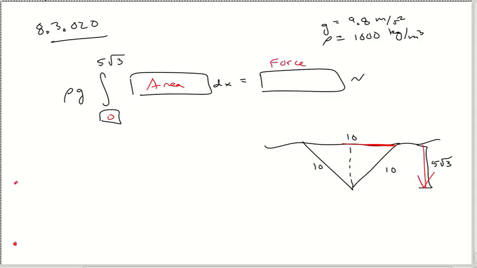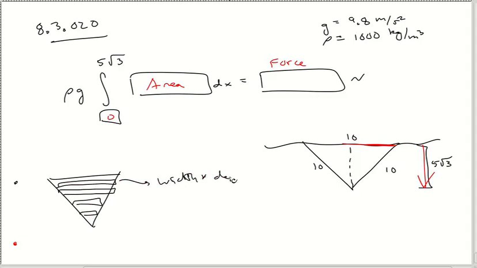Okay, so how do I find my area? Very much like the last time, I have an equilateral triangle, and what I need to do is take these little rectangles that construct it. And so each little rectangle is going to have a width times a depth. And because the depth here is always from 0, it's centered at 0, I guess you can say, I could just use an x or a y or whatever.